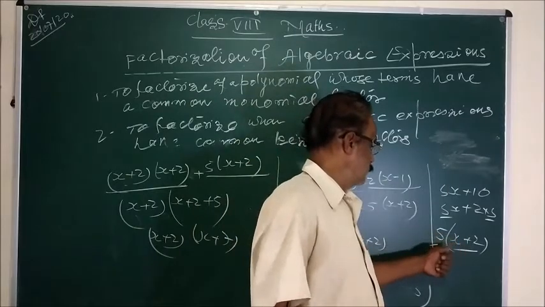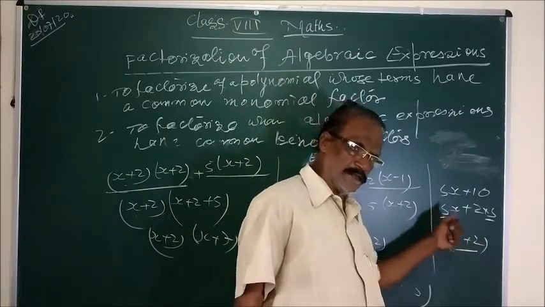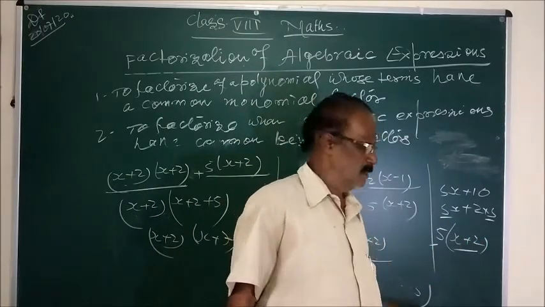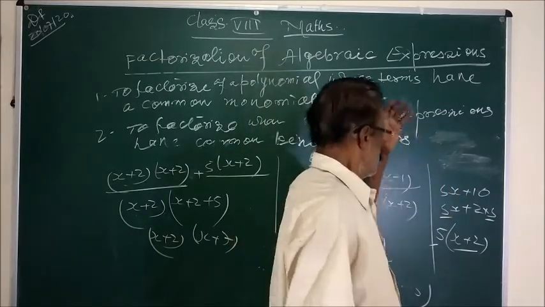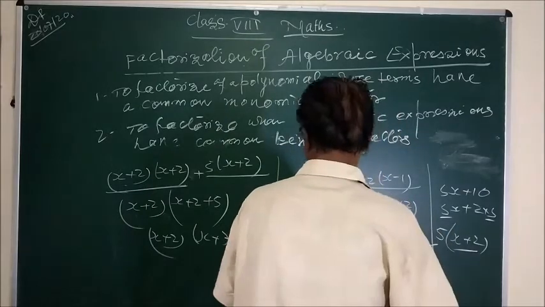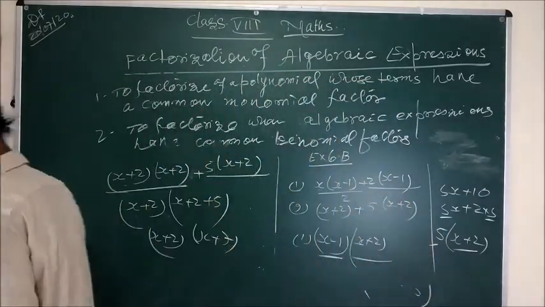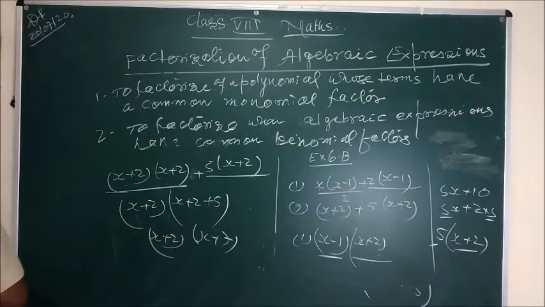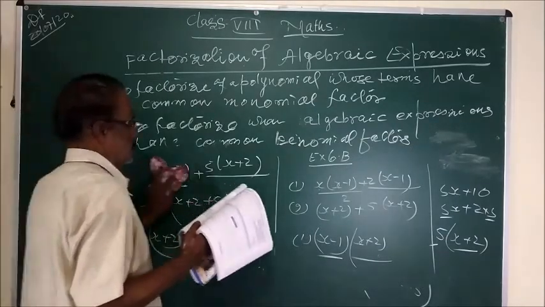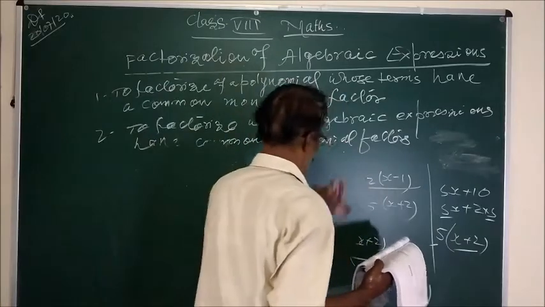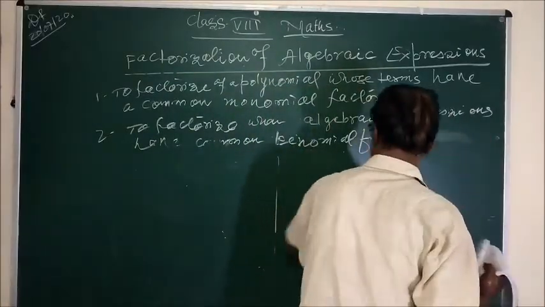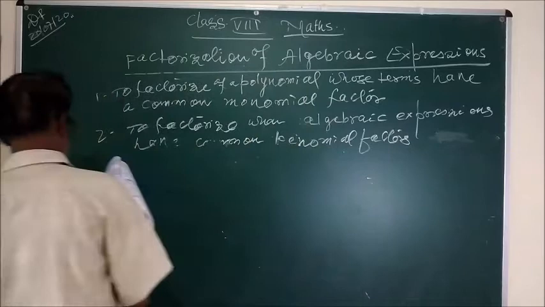And if you find the product of these factors, you will get the given algebraic expression. This method is very simple, and you can solve many questions of your book. I have solved a few questions of 6a and 6b also, so you will try to solve more questions of 6a and 6b.